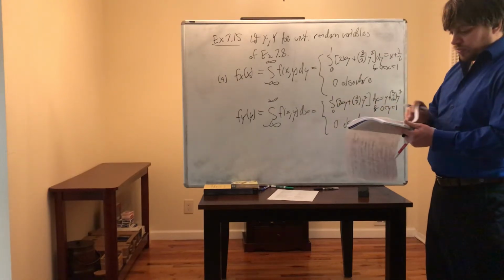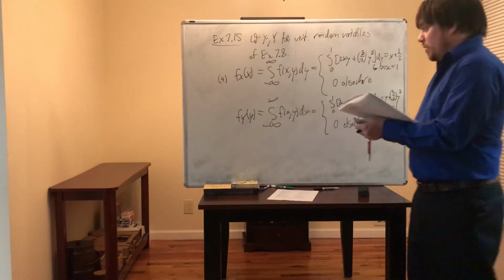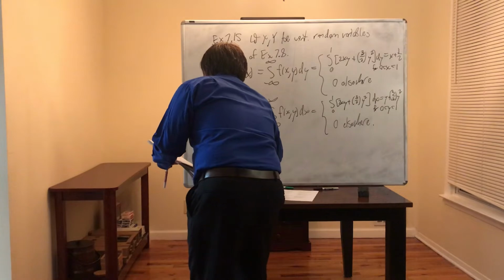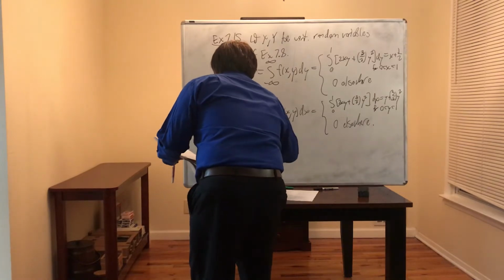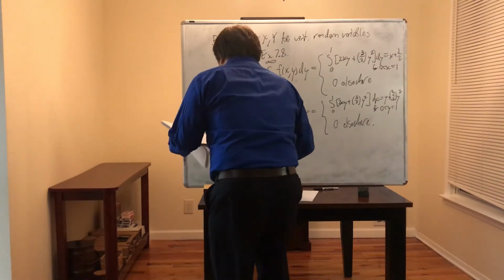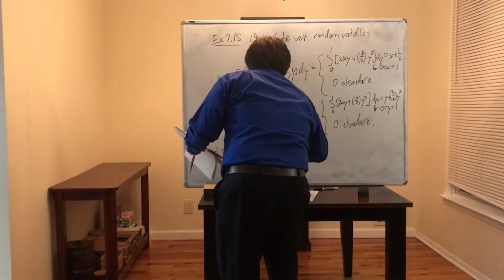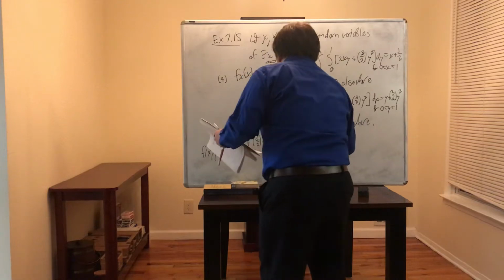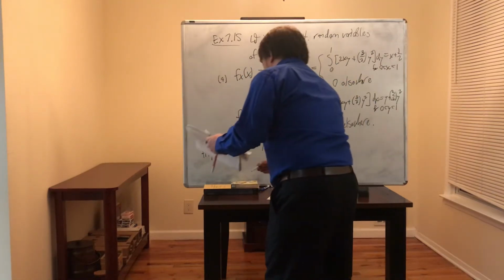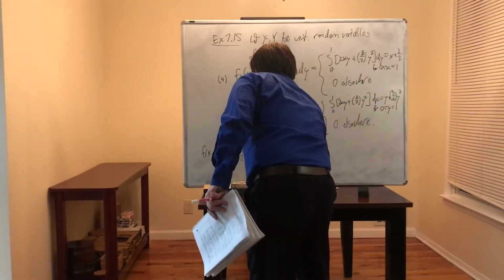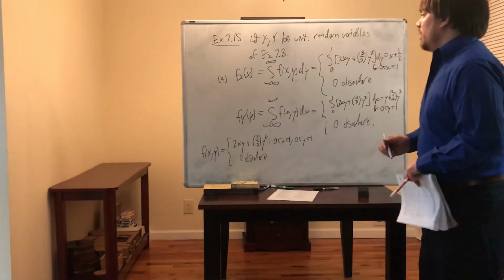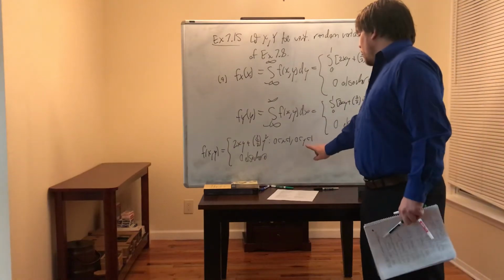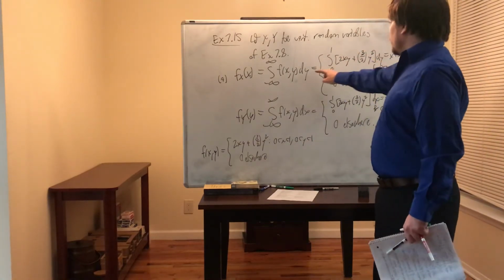So let me just remind you. In example 7.8, f of x comma y was 2xy plus 3/2 y squared for x strictly between 0 and 1 and y strictly between 0 and 1, and it was 0 elsewhere. So when I'm integrating, the only y values that matter are from 0 to 1, and so I'm only integrating from 0 to 1.